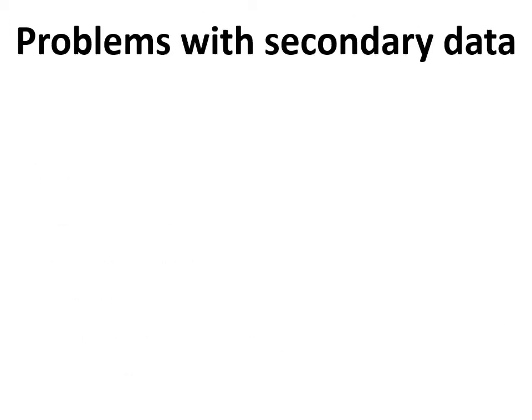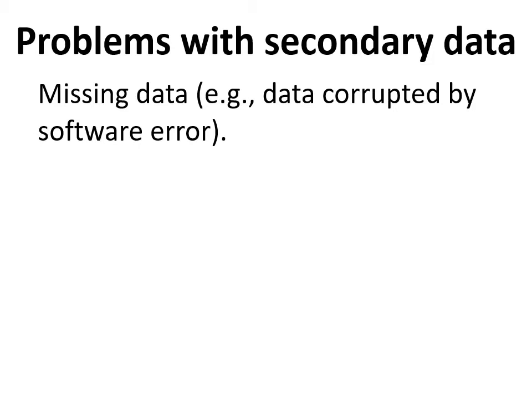If you are going to make use of secondary data, there are some common problems that can crop up. Some are that data is just missing. So maybe mice ate all of those birth certificates, made a big nest out of them for the years 1903 to 1907 in a particular location that you were interested in. And if that was the only place those data were held, that's your tough luck, right?